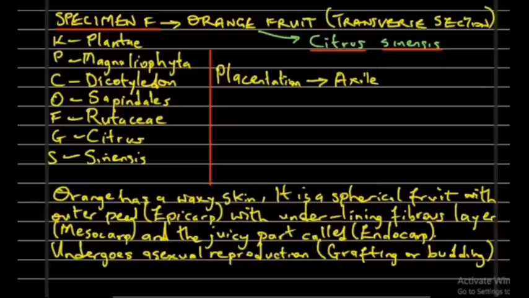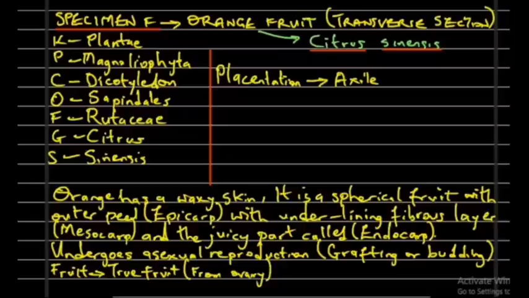Now, looking at it, what kind of fruit is it? It is a fruit, and we refer to it as a true fruit, because it is formed from the ovary.